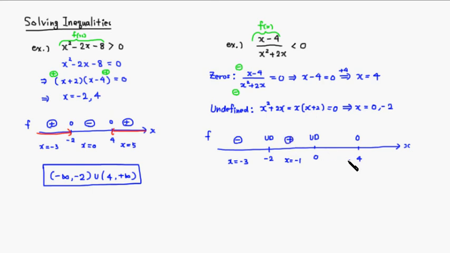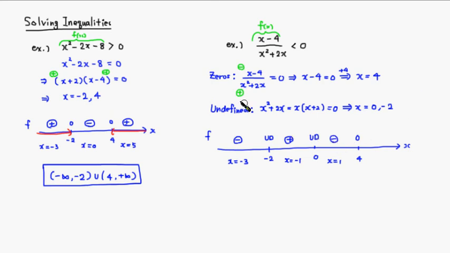How about between 0 and 4? I like 1, so I'll use 1 as a sample number. If you plug in 1 on top, 1 minus 4 is still negative. 1 squared plus 2 times 1 is definitely positive. Negative divided by positive is going to be negative.